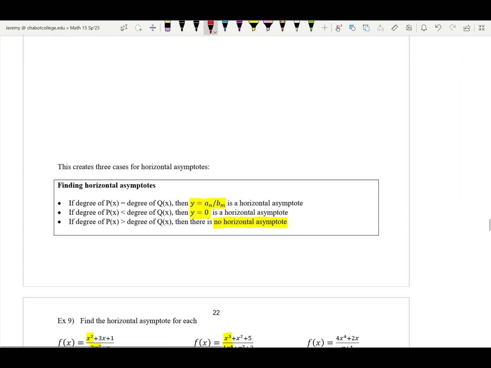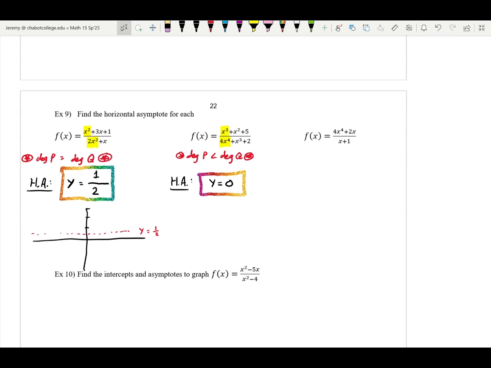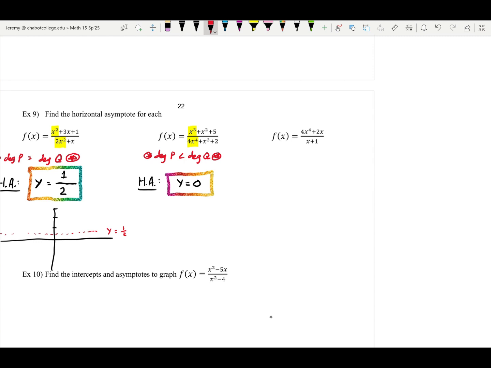And that's what's happening with this second function here. The third one, I see that the degree of p is greater than the degree of q, because the degree of p is 4 and the degree of q is 1. So in this case, we have no horizontal asymptote.